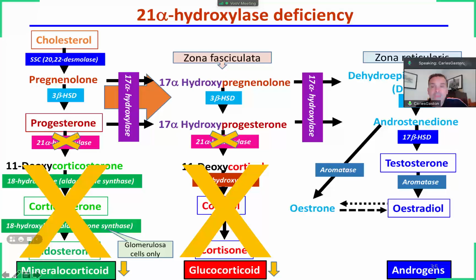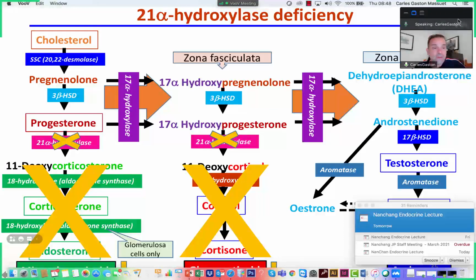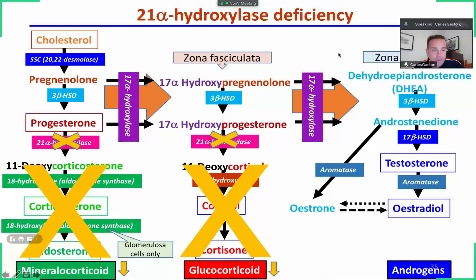So then what is going to happen is that this will go into the zona fasciculata into more conversion of 17-alpha hydroxyprogesterone and progesterone. And this will increase, through alpha hydroxylase, the increase in the zona reticularis, right, of the androgens, okay?